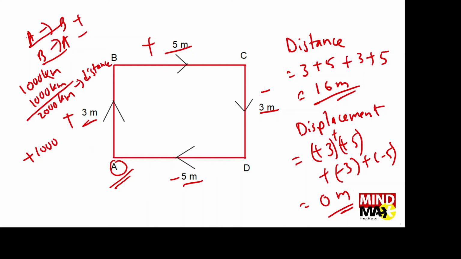So it's plus 1000 going from A to B, and it's minus 1000 from B to A. So if you add these, you get 0. So even though the distance moved by the person is 2000 kilometers, the displacement of the person is 0 kilometers. Why? Because the person has eventually come back to their original country of origin.